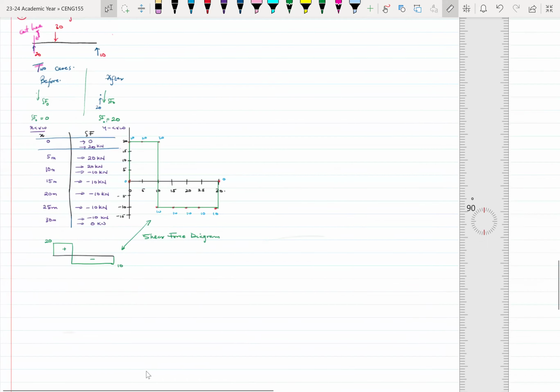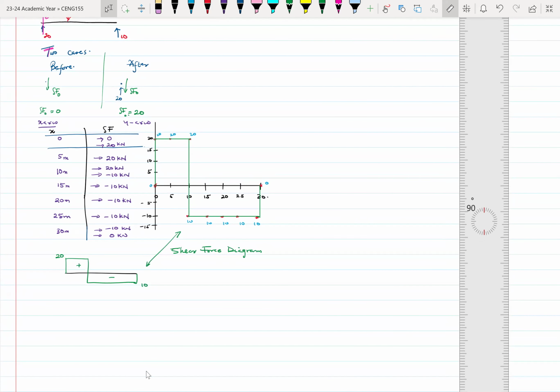All right. So in simple terms, this is how we do the shear force diagram calculations. Okay.